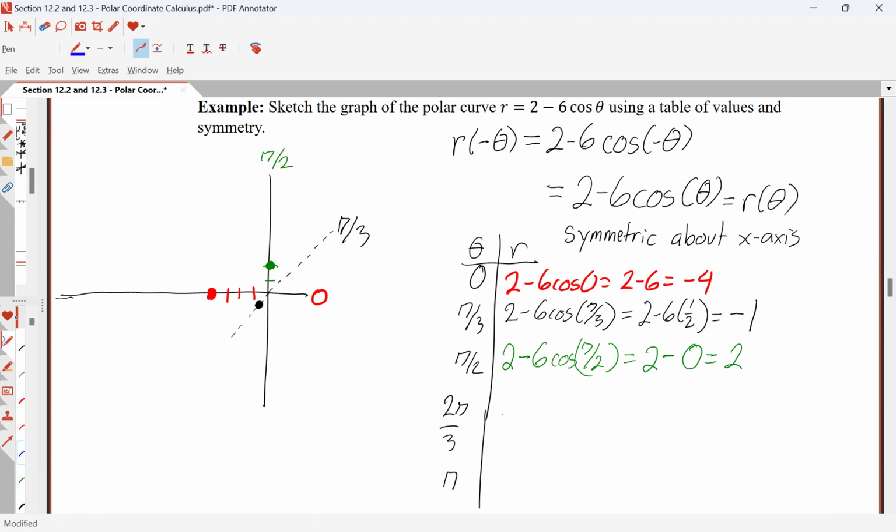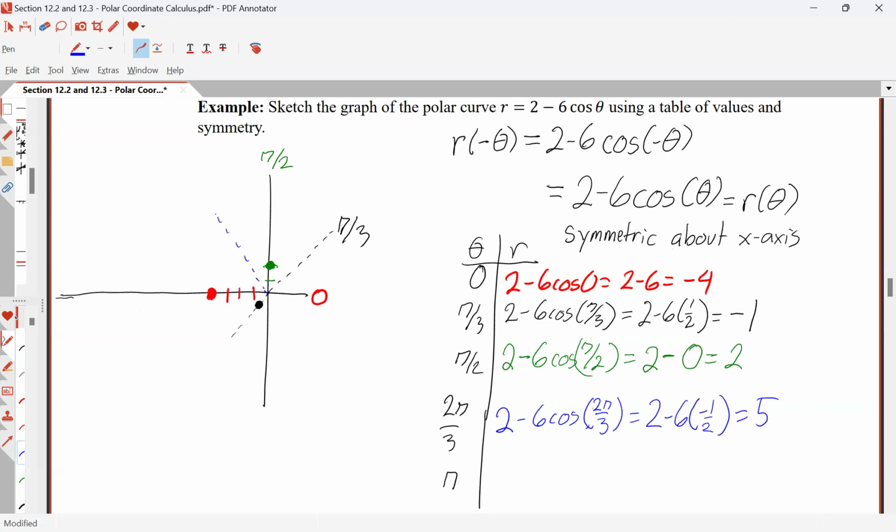At 2 pi over 3, we'll have 2 minus 6 cosine of 2 pi over 3, which is 2 minus 6 times negative 1/2, which is 5.